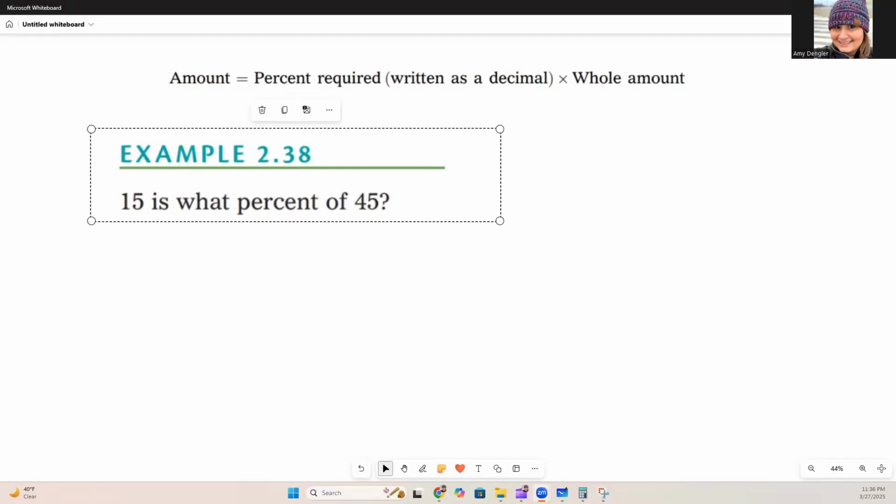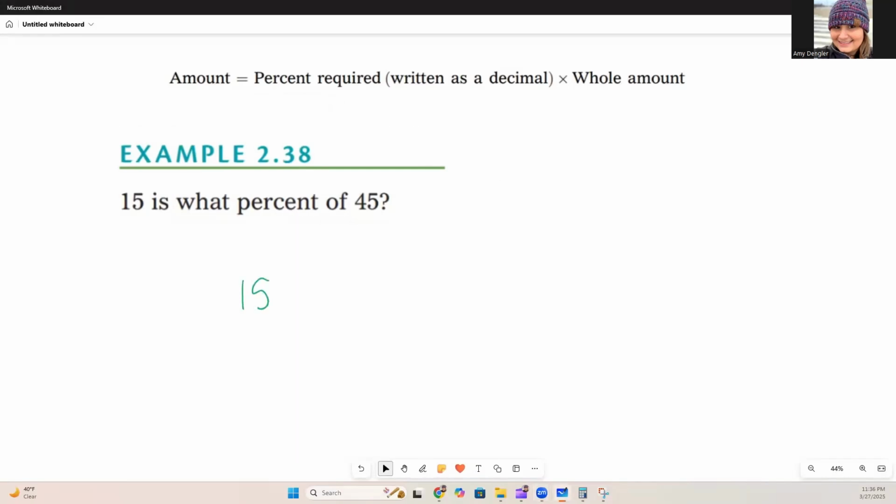Example 2.38. The way this one is written, 15 is what percent of 45? We have to do it differently as well. We would start off by using our formula up there, but we already know what the amount is, which is 15. So 15 is equal to the percent required. We're trying to find out what percent that is, so that's going to be our x.